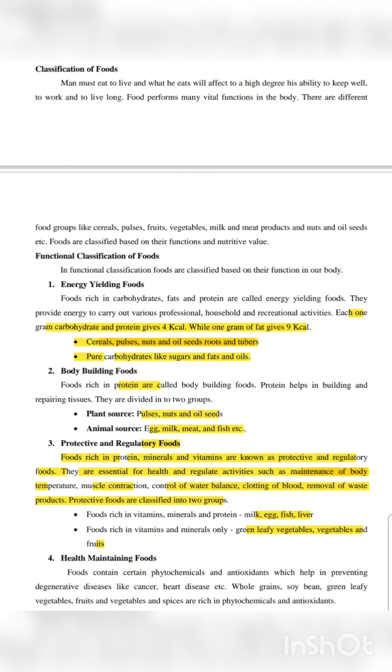Got it? Next we have health maintaining foods. Now health maintaining foods are the foods which consist of phytochemicals and antioxidants that help in preventing degenerative diseases. Like, for example, if we discuss cancer. What is cancer? Cancer starts with the multiple growth of a cell, right?